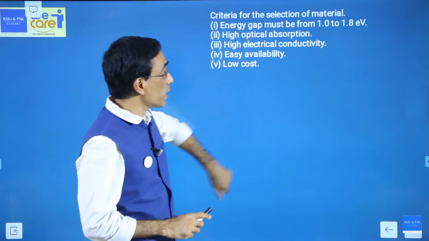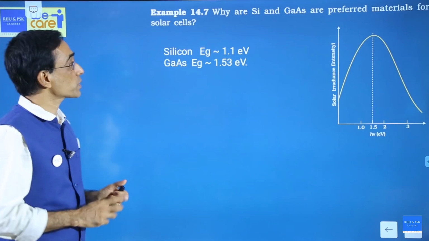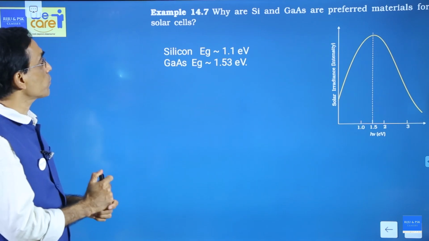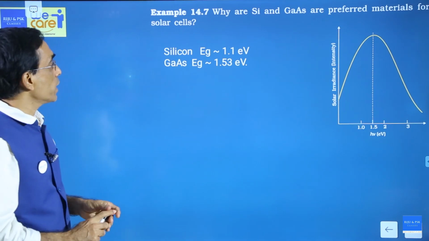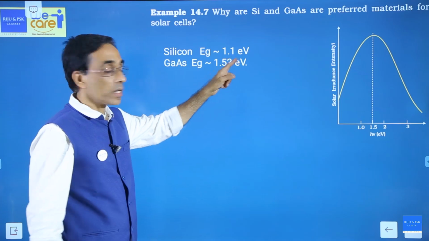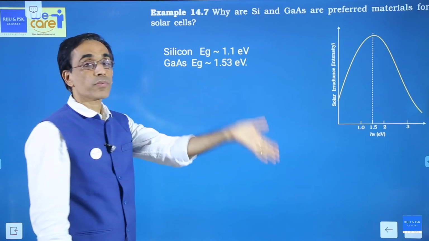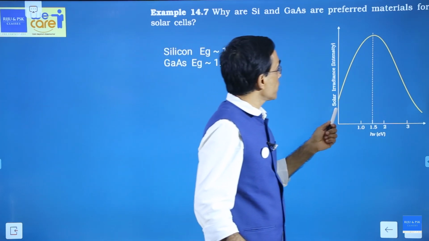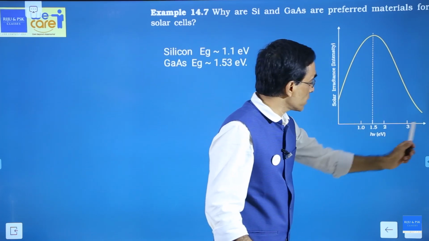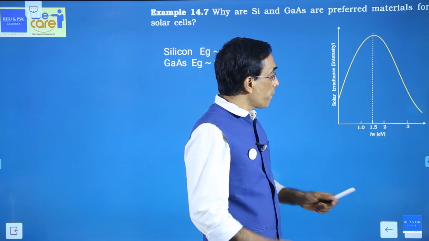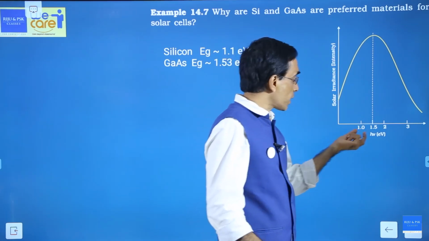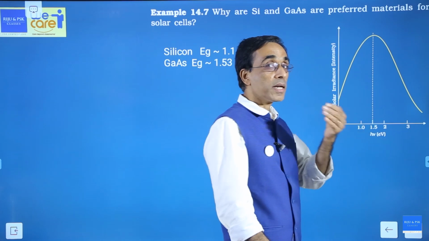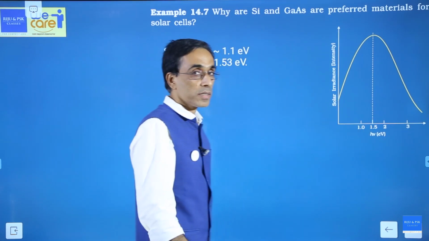The first point I will explain with this NCERT question: why are silicon and gallium arsenide preferred materials for solar cells? For silicon the energy gap is 1.1, for gallium arsenide it is 1.53. And this is the solar spectrum, the energy incident versus the energy of the photon. Maximum energy comes in the form of photons having energy around 1.5 electron volt, and that is thermal energy, infrared.